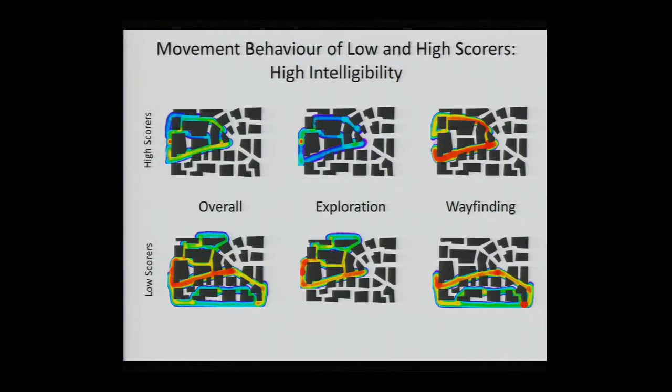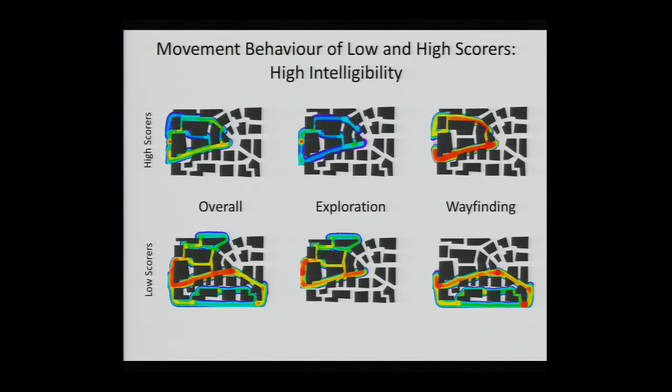And what we see here is for the high scores, the people who are not prone to attentional slips, they're actually following what architects would predict quite handily, and they're using the most connected routes, for both when they're exploring in and when they're wayfinding. In contrast, the low scores are behaving quite differently.